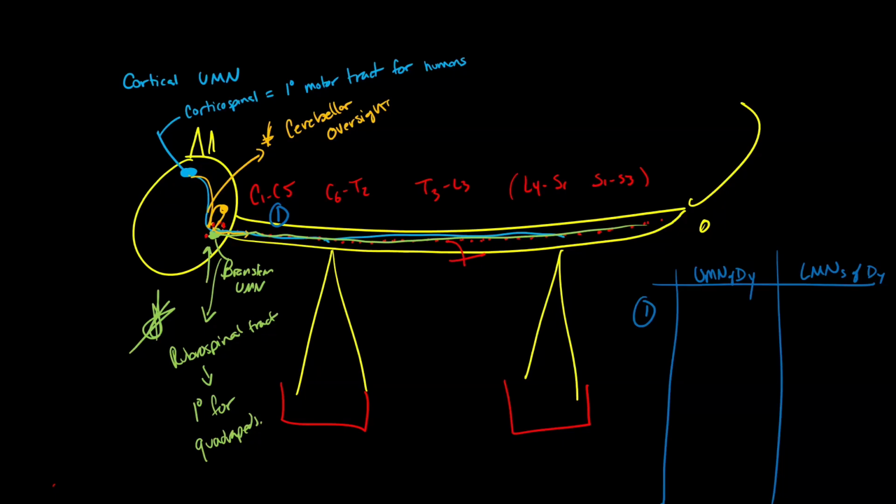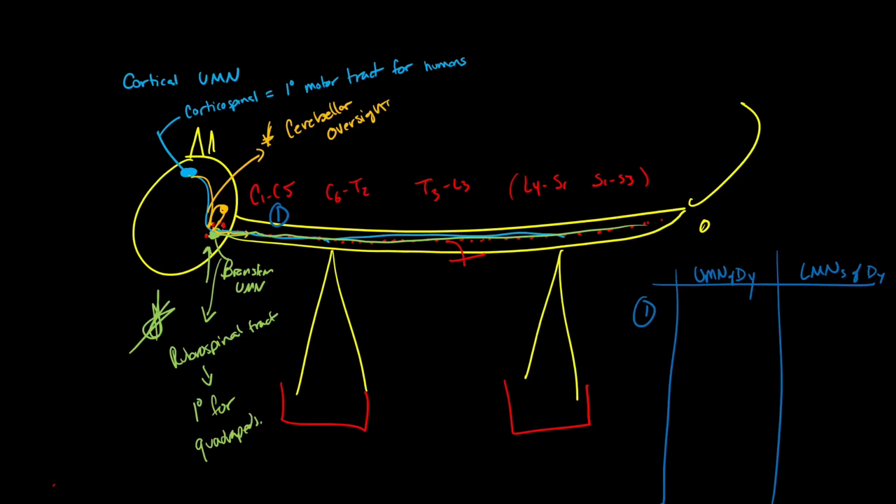So as we look at those clinical signs and we start talking about, okay, when I lose signal to these lower motor neurons, what's happening? This is where we get into the terminology of upper motor neuron signs of dysfunction and lower motor neuron signs of dysfunction.